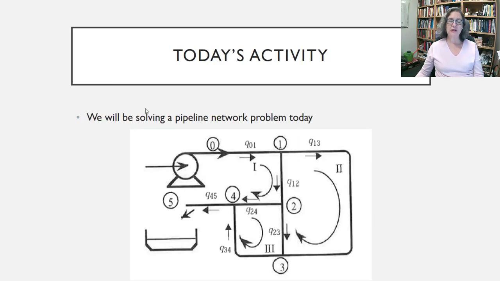Now, we're going to be doing this to solve a problem. There are a lot of nonlinear systems of equations we could choose, but I wanted to do something about fluid flow. So we're going to do a pipe network problem today. And I use these kinds of problems all the time, or run into them all the time, because I do a lot of work with Engineers Without Borders, and we are constantly providing water to communities.